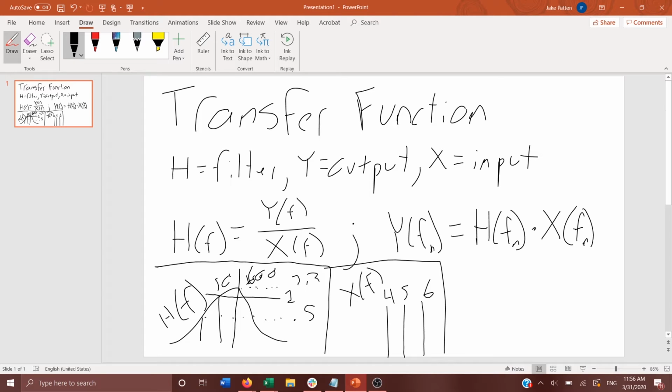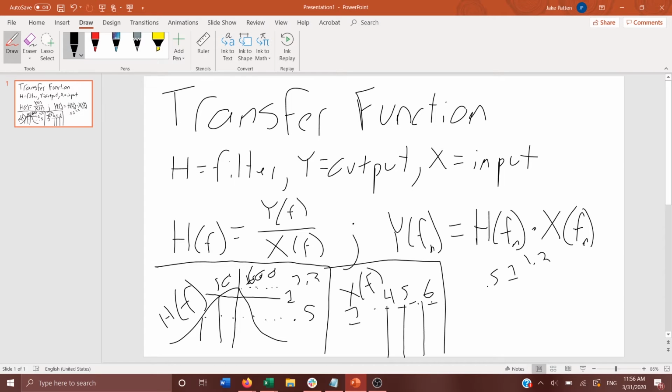We're going to multiply the amplitude, which we know is 1 for all of these. So 1 times 1.2 is 1.2. Cool. 1 times 1 is 1, and 1 times 0.5 is 0.5. And so now our signal is going to look like our filter.